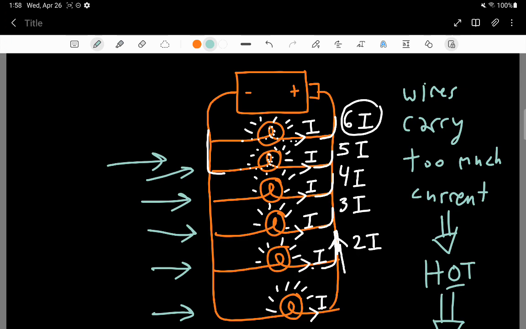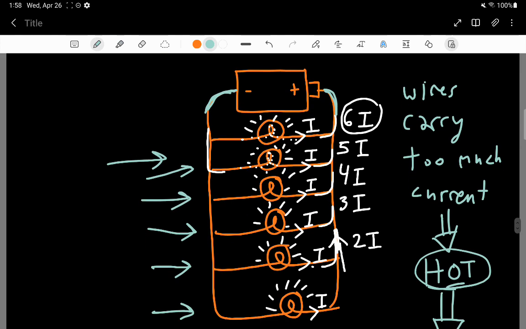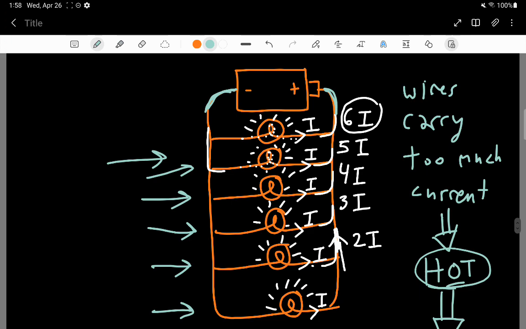All of these things are happening at the same time, and the wires closest to where the power company delivers your house power might be carrying too much electricity, and they get too hot, and that can cause a fire. And that's the sense in which this could be dangerous. But the reason that it's also useful is because if any one of these 6 light bulbs was to burn out, the other 5 light bulbs would continue to operate as normal.